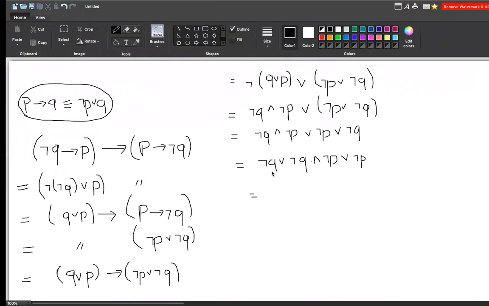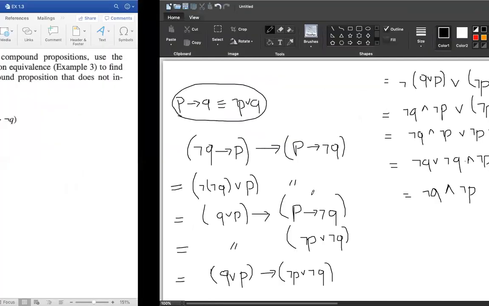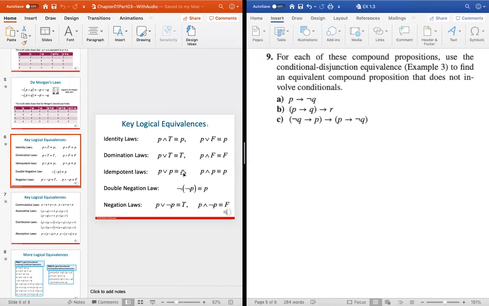So negation of Q or negation of Q is negation of Q itself. Then we have this and here, and the same thing, so it becomes negation of P or negation of P, which is equivalent to itself.